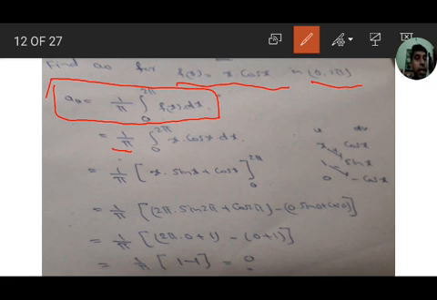So 1 by pi integration 0 to 2 pi, where f of x is x into cos x dx. To integrate x into cos x, we use integration by Bernoulli's rule or by u into dv, integration by parts. Here I am taking Bernoulli's rule: u equal to x, dv equal to cos x.